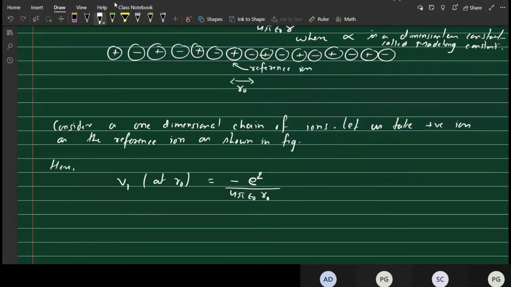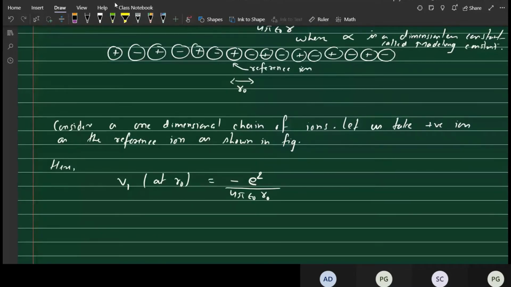One is positive charge, another is negative charge. So plus E into minus E will be equal to minus E square. But this potential is due to the negative ion on the left as well as on the right. So we will include a number here, 2.